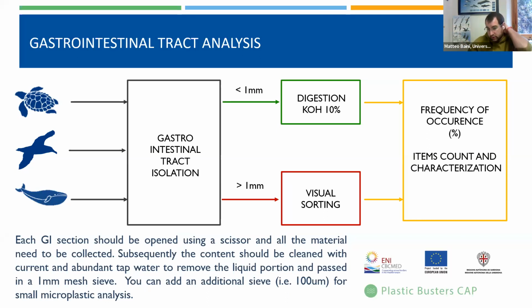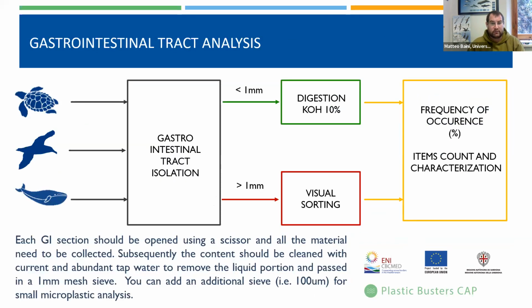Or if you want to look for smaller microplastics, less than 1 millimeter, you can add an additional sieve of 100 microns for the small microplastic analysis.